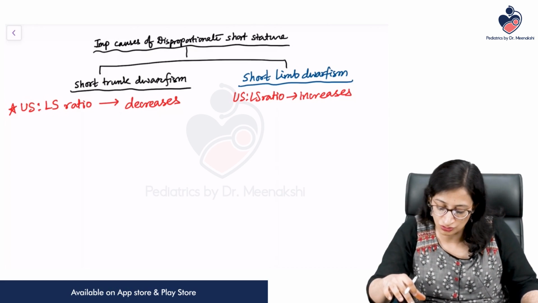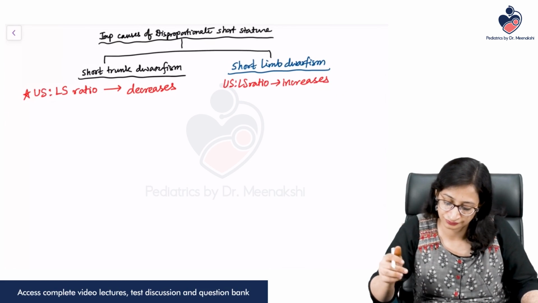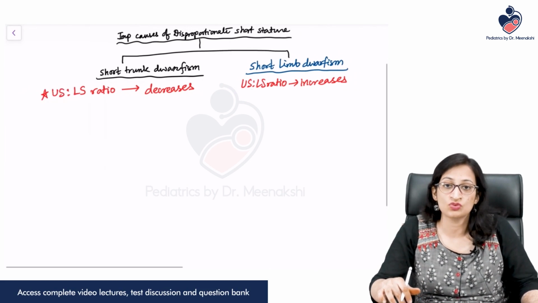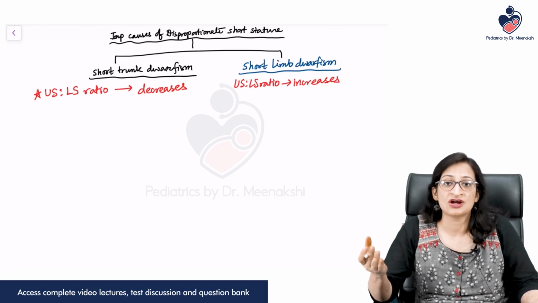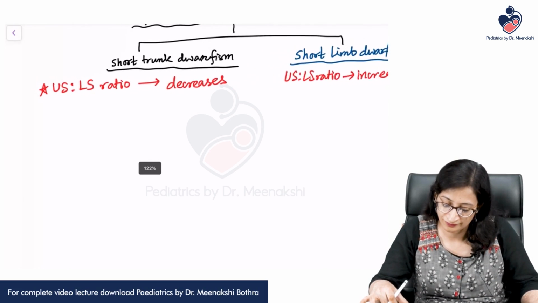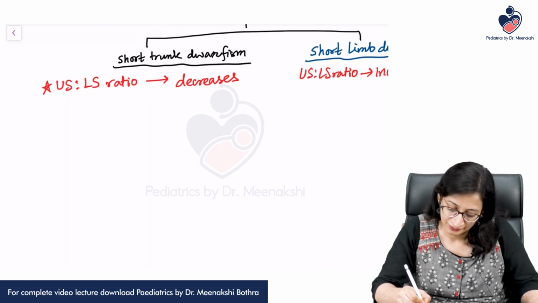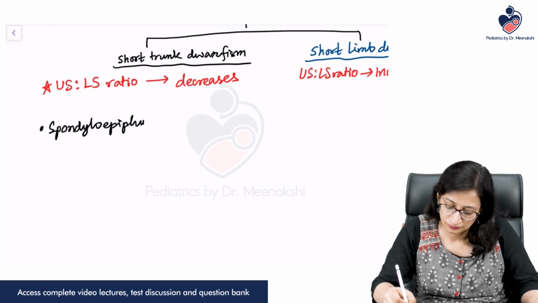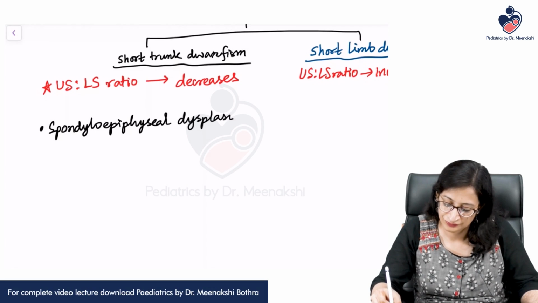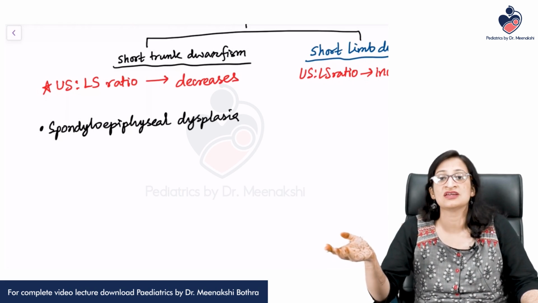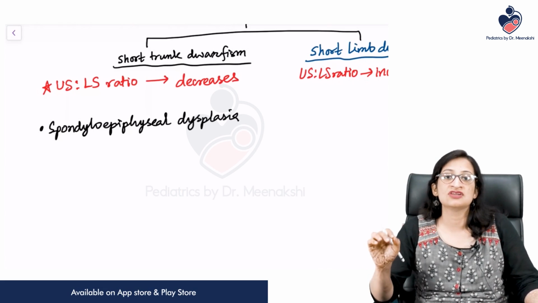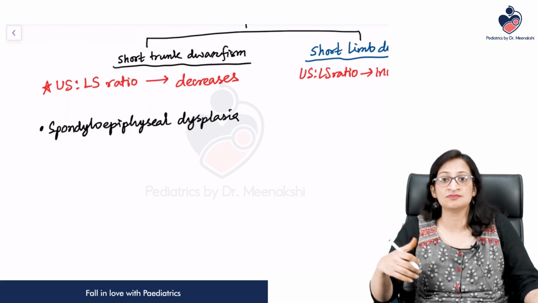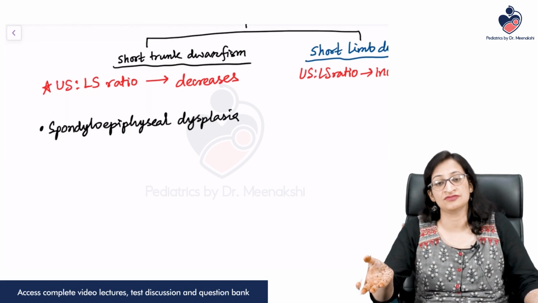So let us see some important causes of short trunk dwarfism. There is something known as spondyloepiphyseal dysplasia. Though the name sounds very complicated, remember, if there is a spondylo in the name, that means the spine is most commonly affected.